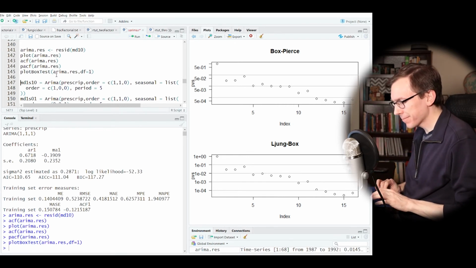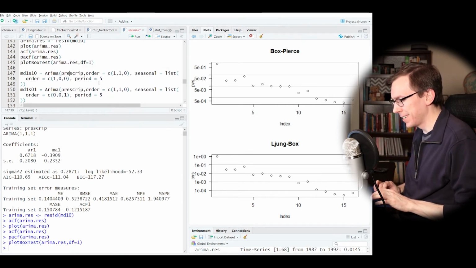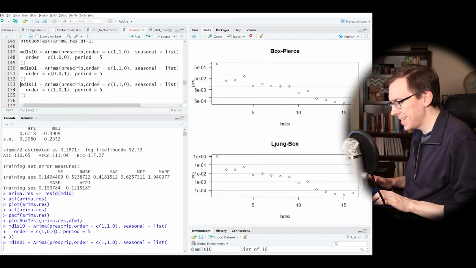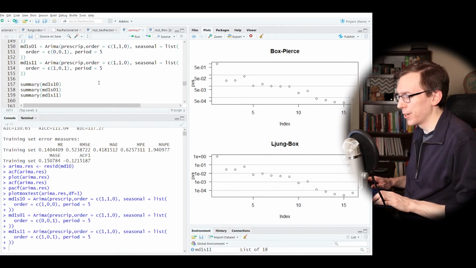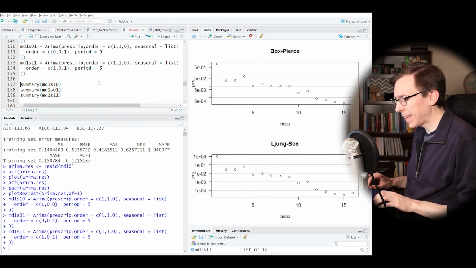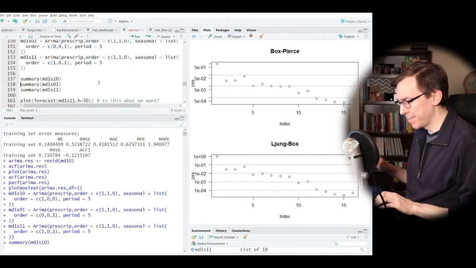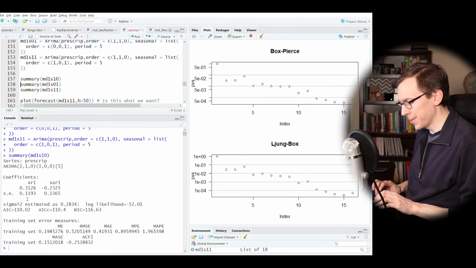All right. Let's try to fit some seasonal models. We can fit the seasonal AR1, the seasonal MA1, and the seasonal ARMA11, and then we can stare at the summaries. In this case, we get our AIC of 110.